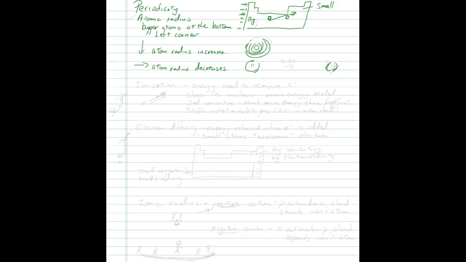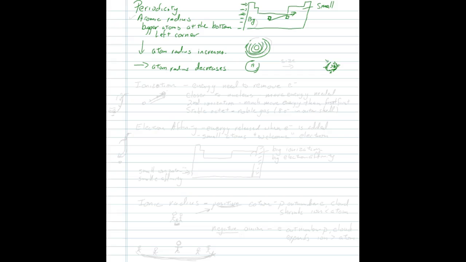Over here you have potassium with 19 protons. Over here with krypton you have 36 protons. Within the same volume of space, you have almost twice the number of protons. That density pulls in the electron clouds a tiny bit.